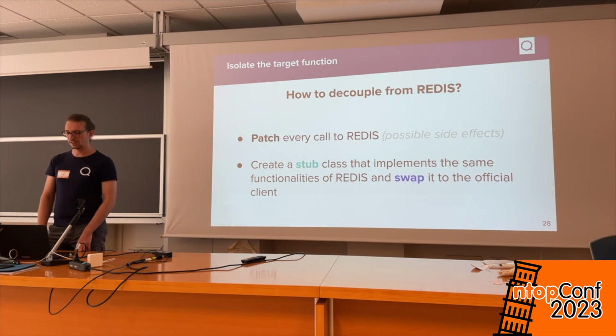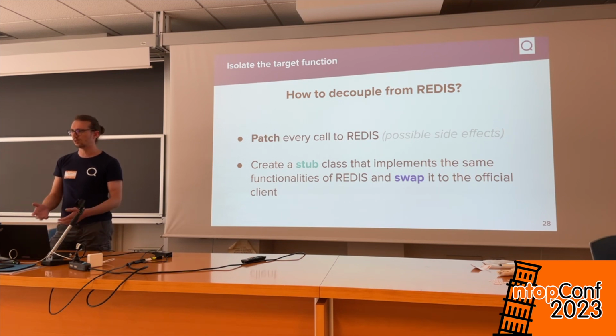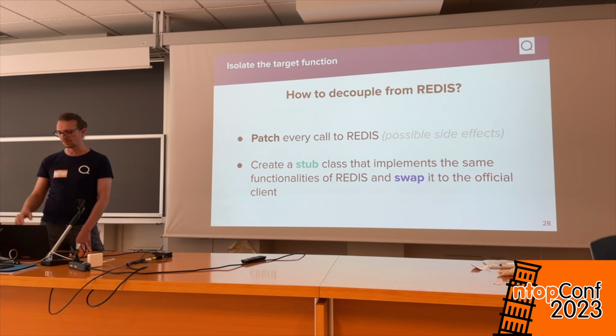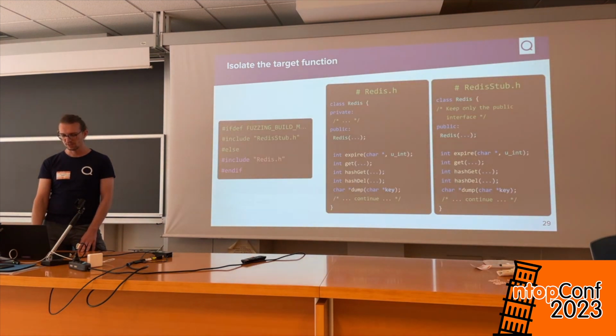Or what I did was create another class implementing the same interface as Redis, the same API calls, and then I swapped it for the official one. So I was basically creating a mock Redis that was not depending on the external servers, but was just handling everything inside the process memory. Or sometimes just not doing anything at all.